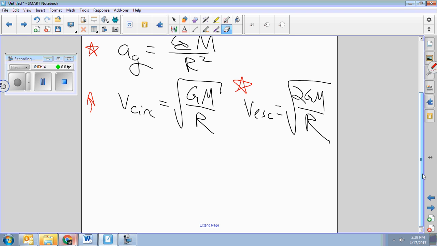From this you can generate an equation for period. So the period of an object in circular motion is, I always forget it, I usually derive it.